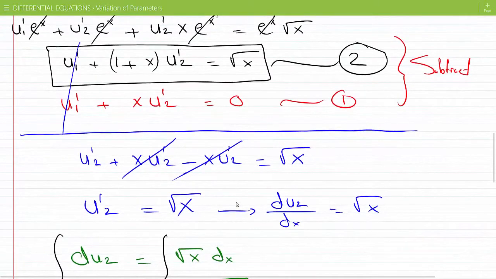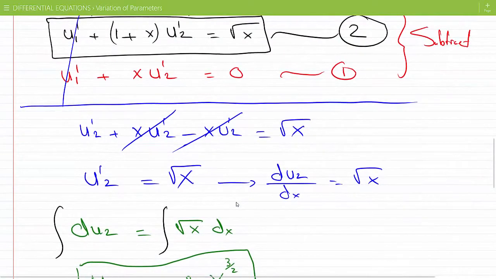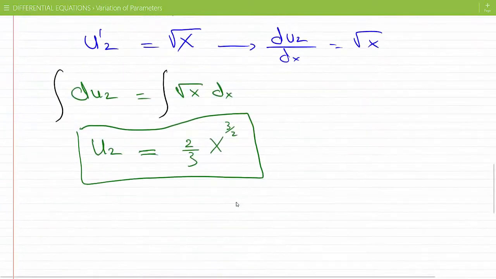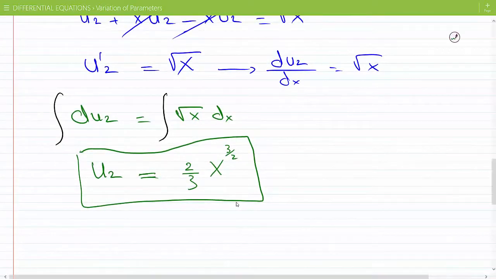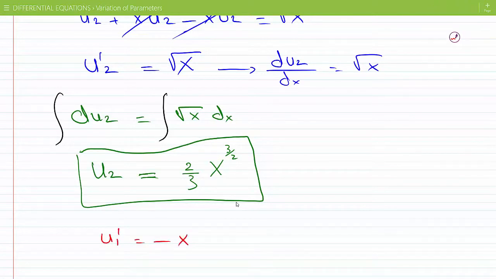And we already know that u prime 1, from equation number 2, the simplest one, or equation number 1 here underneath, is just minus x u prime 2. So u prime 1 is minus x times u prime 2, which is just root x. So that makes u prime 1 minus x to the 3 halves.